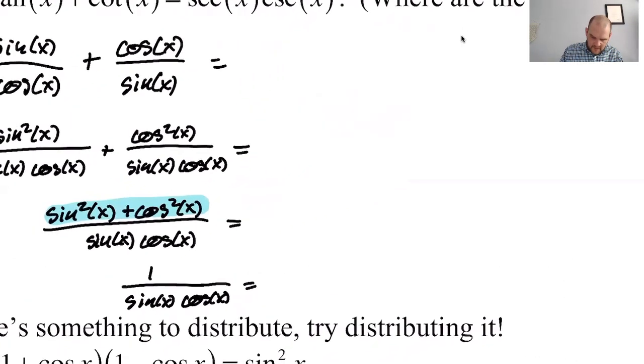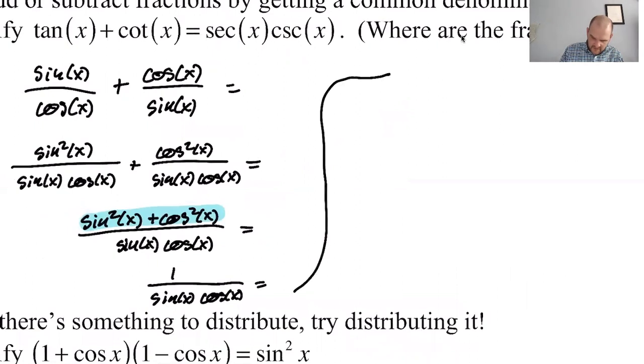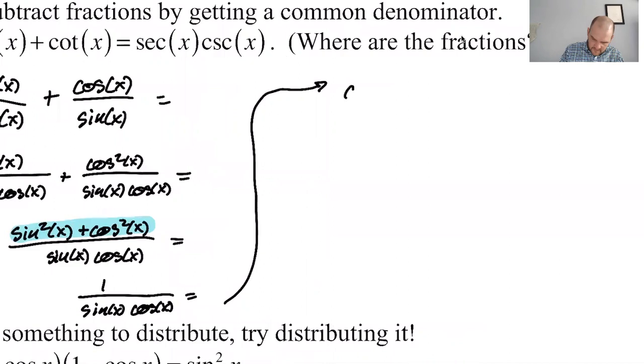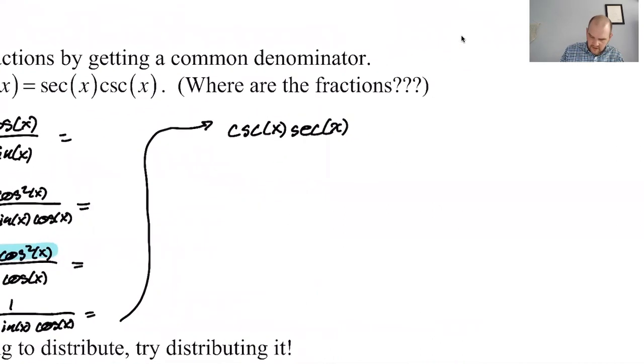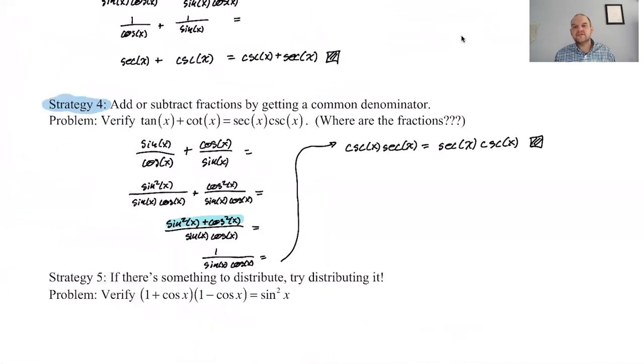And I'm going to show that I'm continuing this and get 1 over sine is cosecant. I always seem to get the 2 things in the opposite order, like 1 over cosine is also secant, regardless of how I approach the problem, which is kind of weird. I mean, it's equivalent, so it doesn't make a difference. And there you go. We never had to touch the other side, whatever the other side is.